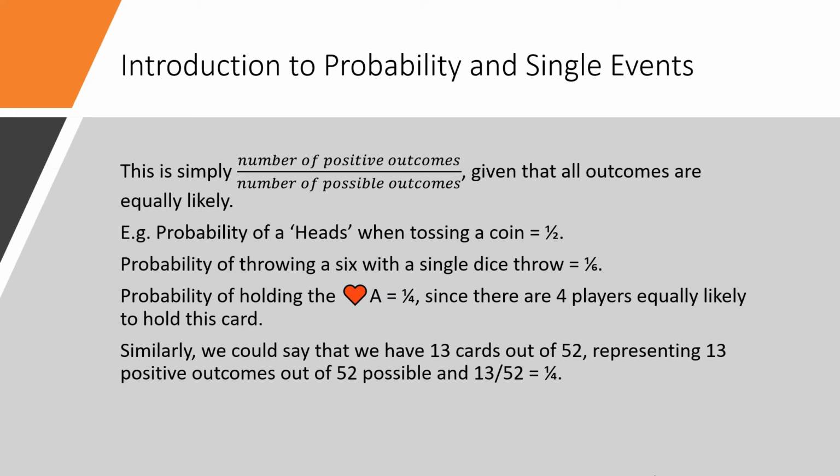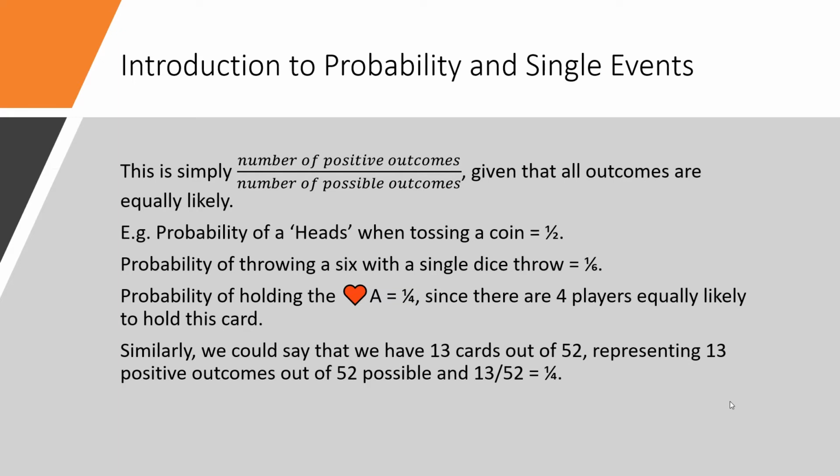Or another argument I could have used as the probability of holding the ace of hearts is, if I look at my own hand, I've got 13 of the 52 cards in my hand. So that's 13 possible outcomes. So the outcome of one of the cards in my hand, 13 of them, and the card could be in 52 different positions if we include all 4 players.